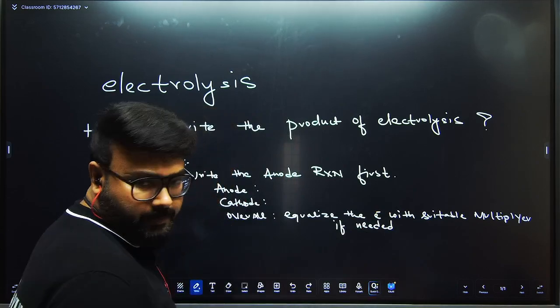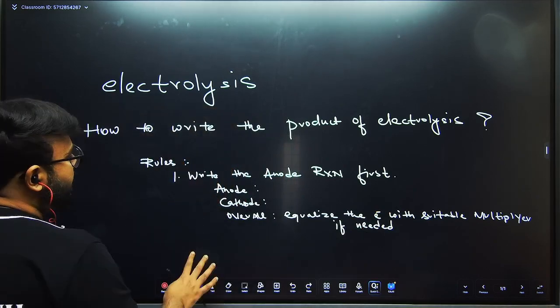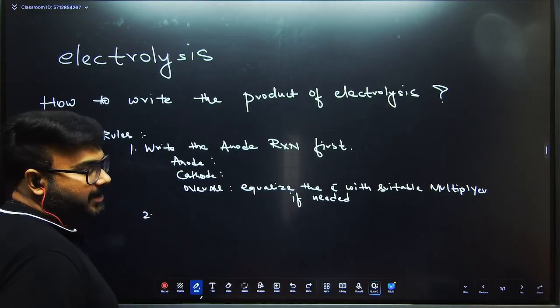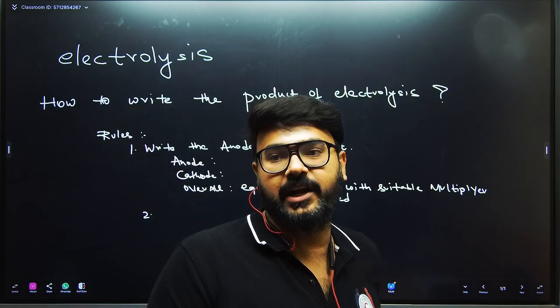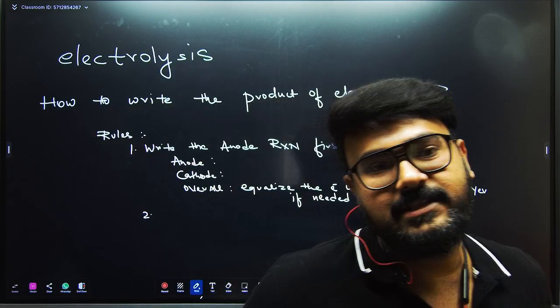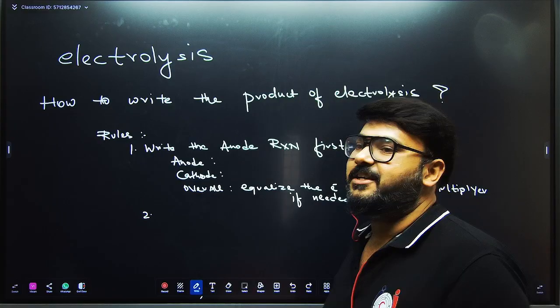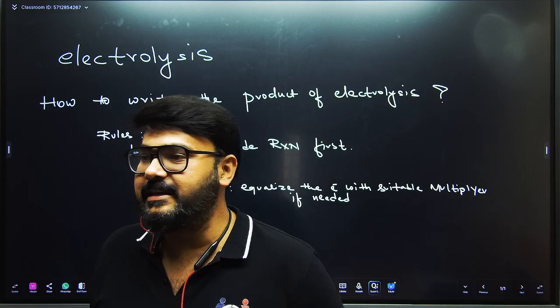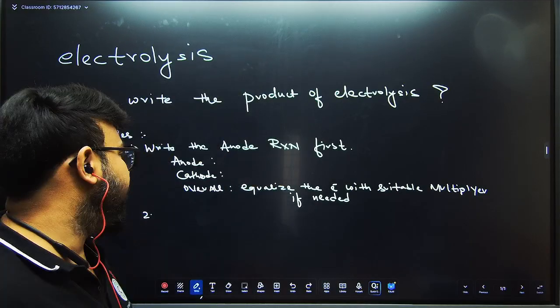So use the suitable multiplier if needed. So this is the first rule. Second rule is, remember, at the number at which electrons get cancelled, that is the n value. You know this, right? At the point when the electrons got cancelled, that is the n value. That is how we find n.